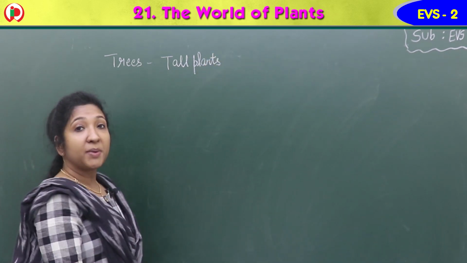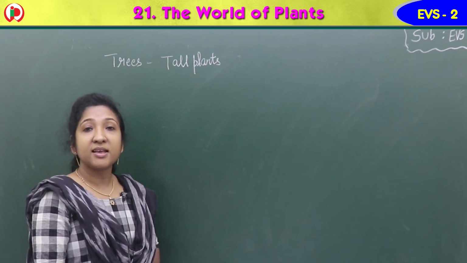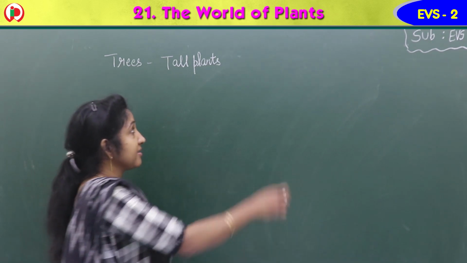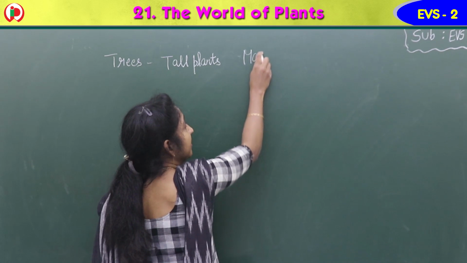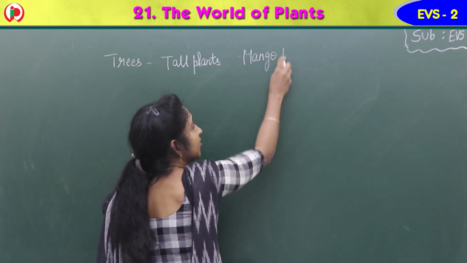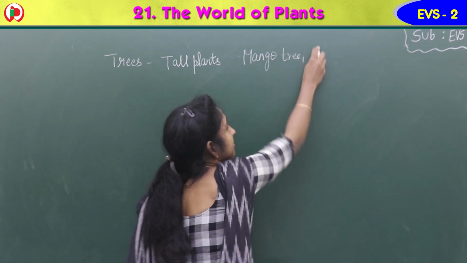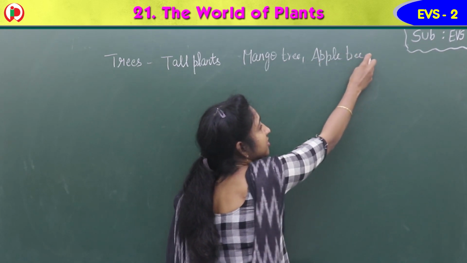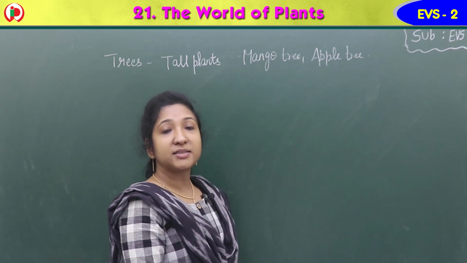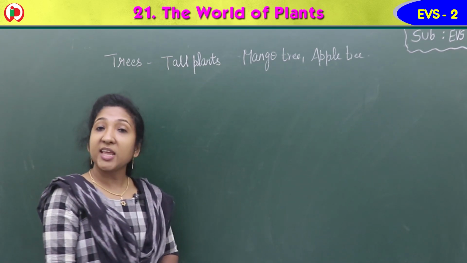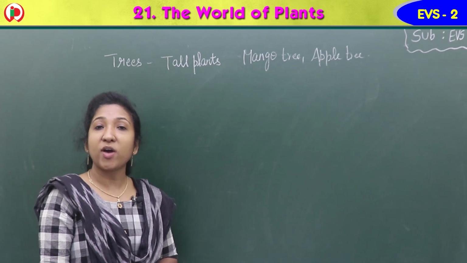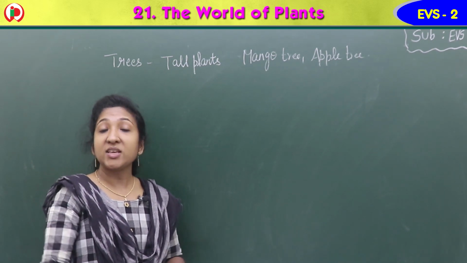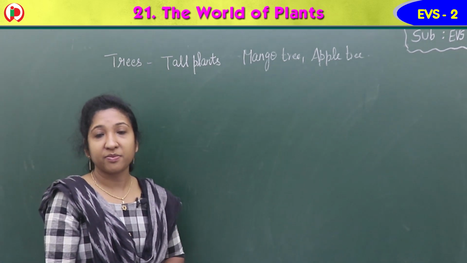Tall plants or big plants are known as trees. Examples are mango tree, apple tree, neem tree, and banyan tree, B-A-N-Y-A-N. They are all examples of trees. Trees live for many years.